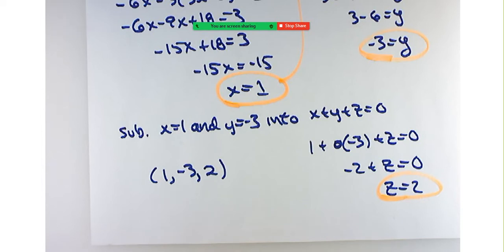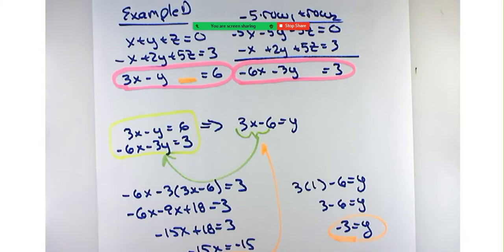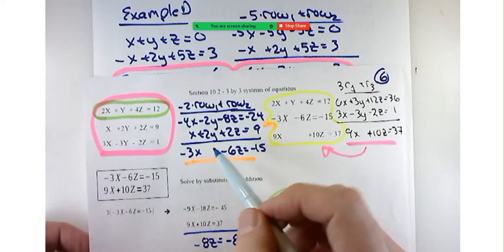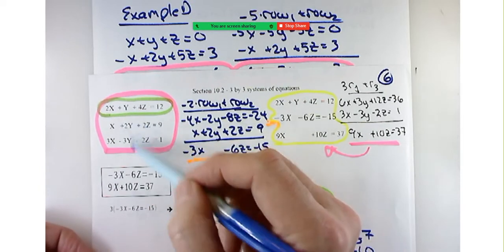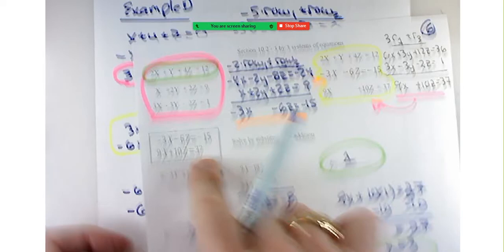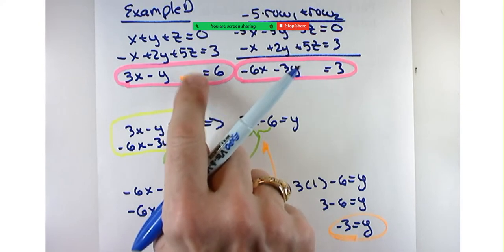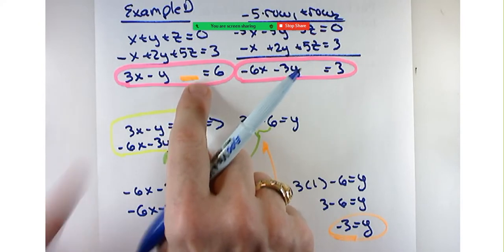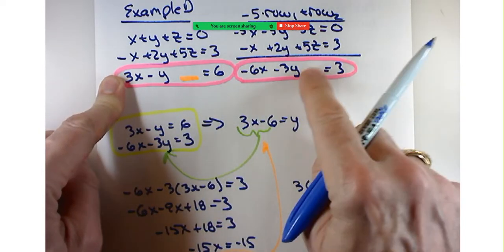So to recap, usually when you're doing these things, you have to eliminate a variable from two equations. Like here, I eliminated the y from both of these, and then I had a 2 by 2 system of equations that I could solve. But because we were clever, because there was a z missing here already, we just said, all right, that'll be one of our equations, and we came up with another equation that didn't depend on z.